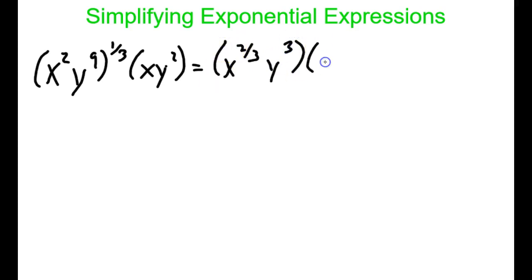And then that's multiplied by xy squared. Since we have a common base, we have x to the 2/3 times x to the first. We add those fractions, 2/3 plus 1. That will be x raised to the 5/3 power. Y cubed times y squared, add the exponents, 3 plus 2, we get y to the 5th. And that's our simplified form for that exponential expression.